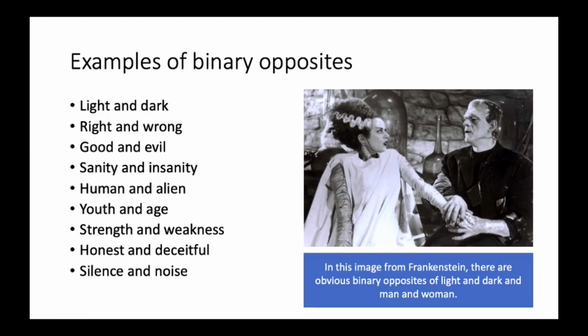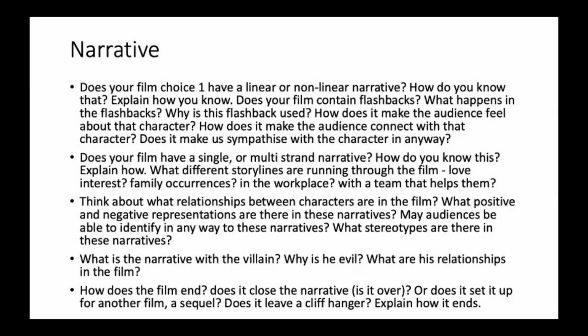We've got a man and a woman. We've also potentially got a good character on the left-hand side and a bad or evil character on the right. So you can see that there are really obvious binary oppositions within quite a few films. And just from that picture, I've picked out three for you.